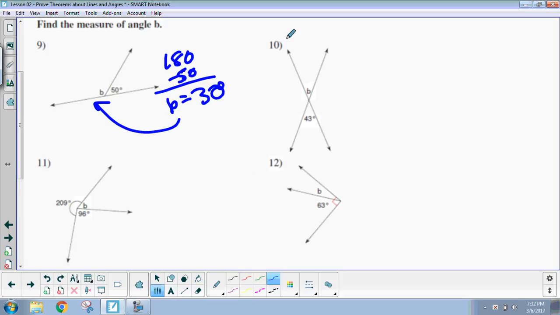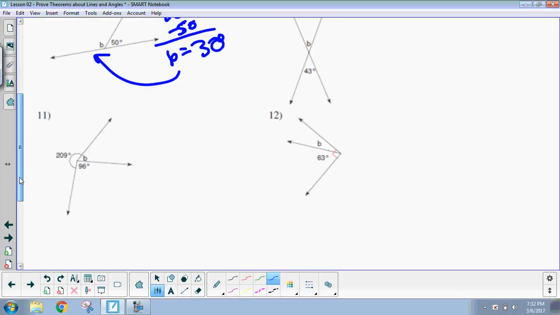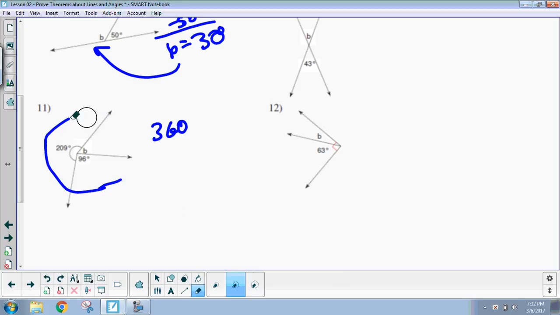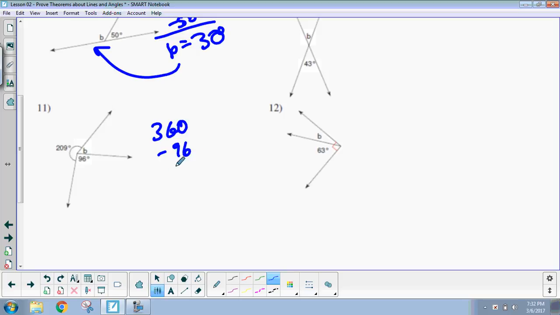43, better. 11, again, the whole thing is 360. Like a circle, maybe? So I'm just going to subtract 96. Then I'm going to subtract 209. And I'm going to use my calculator. So 360 minus 96 minus 209.